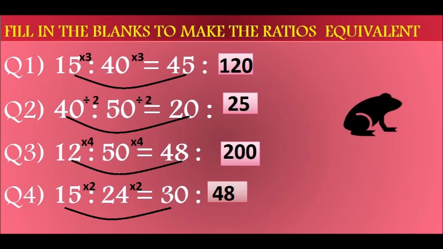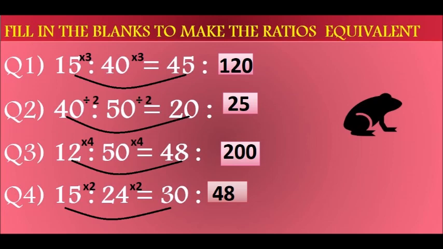Now the number has become lesser. In the first case the number 15 had turned into a bigger number, 45. In the second question, 40 has turned into 20. It means it is decreased. So when you're decreasing any figure, you will divide it. How did it become 20? 40 divided by 2 gives you 20.